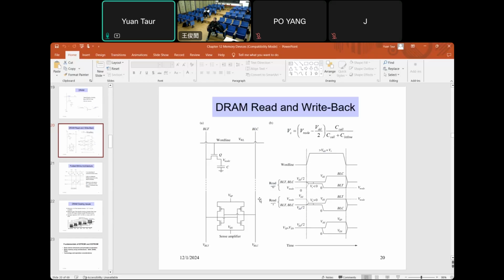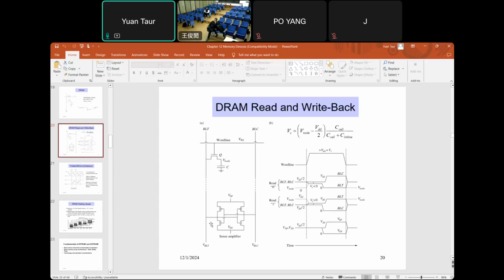Okay, but if you read a 1, then BLT is a little higher, the left side is a little higher. Then the high side goes to VDD, and the low side goes to 0. Once this happens, BLT goes to VDD, BLC goes to 0, and that writes the full VDD back to the node.